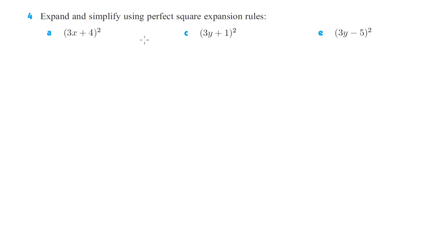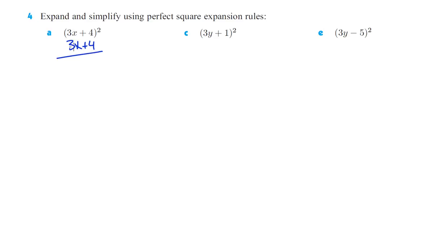All right, next one, number 4, expand and simplify using perfect square expansion rule. There are rules that you can follow, but honestly, there's memorizing rules and stuff, which I don't think is a real great use of brain power. I would just say, okay, I'm just going to multiply this out. So 3x plus 4. If after a while you happen to find easier ways of doing things that always work and are mathematically sound, then by all means, go for it.